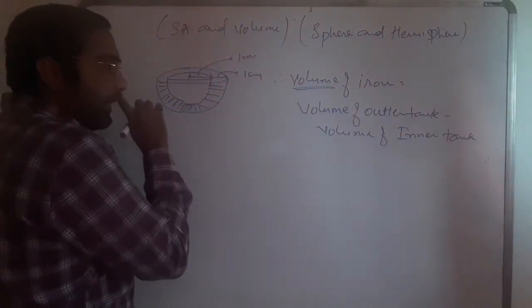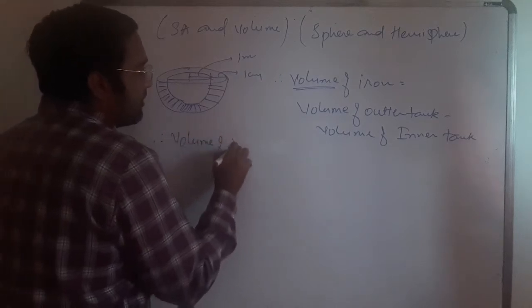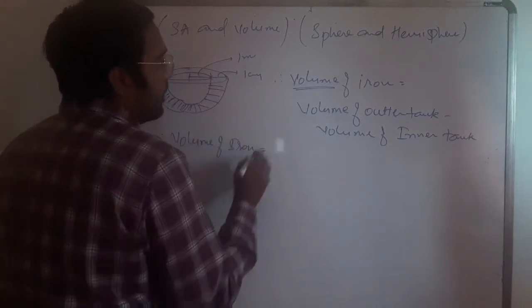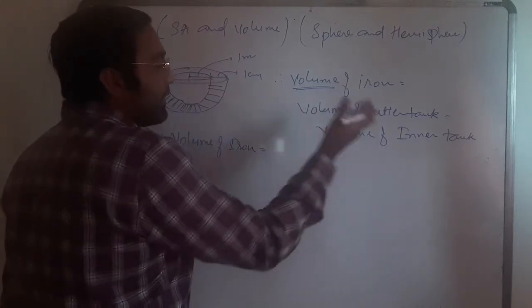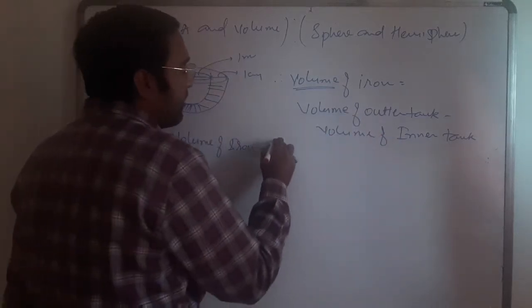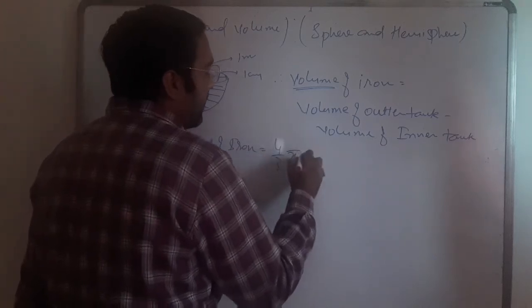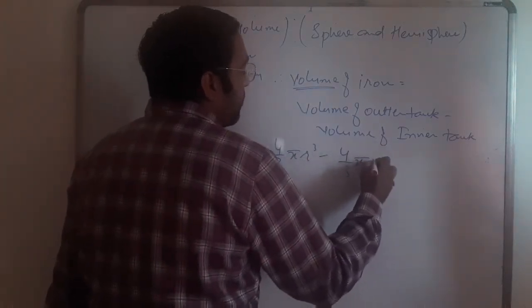So for the volume of iron, the outermost part is a hemisphere and the innermost part is also a hemisphere. So we take 4 by 3 pi r cube minus 4 by 3 pi r cube.